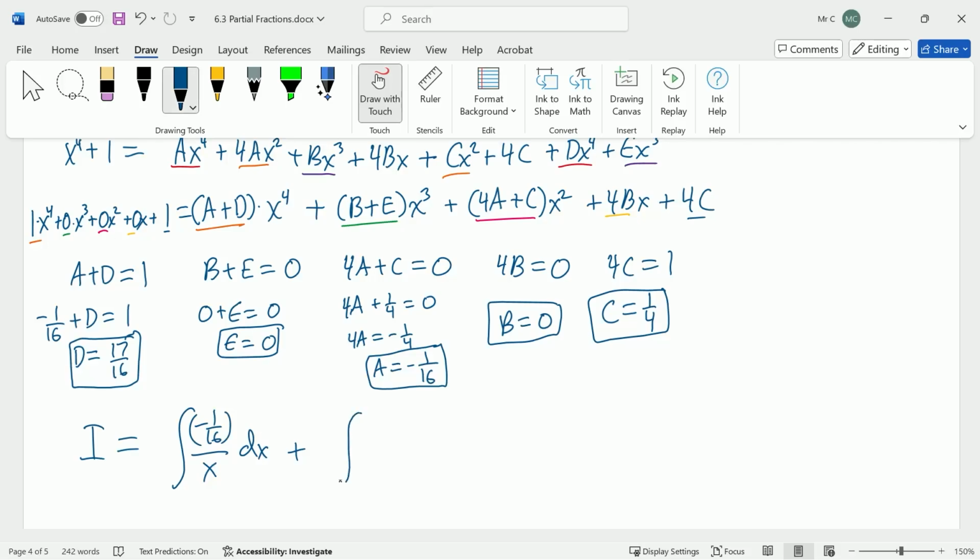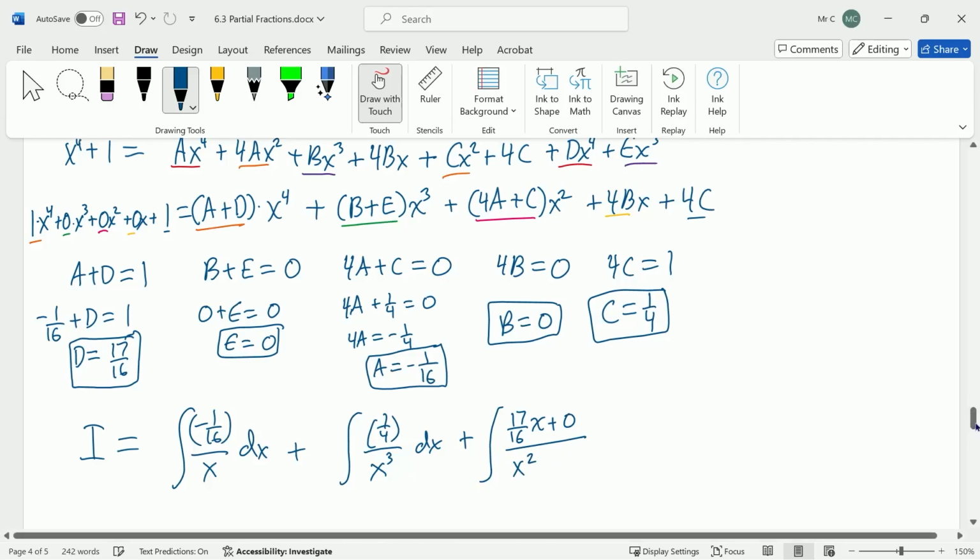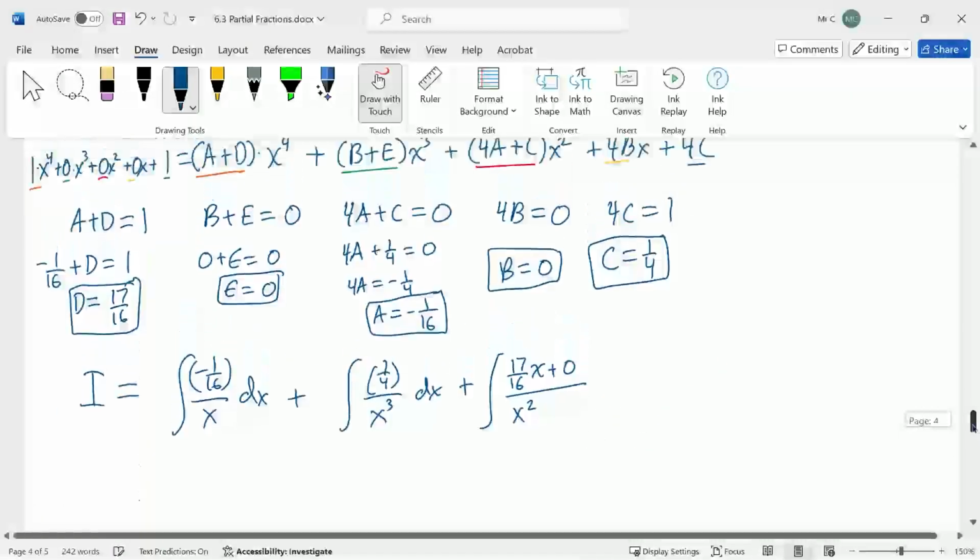Plus the integral of c, that's 1/4, and c should be over x cubed dx, plus the integral of, now we've got our quadratic expression, and that's dx plus e. So 17/16x plus 0 over x squared plus 4.